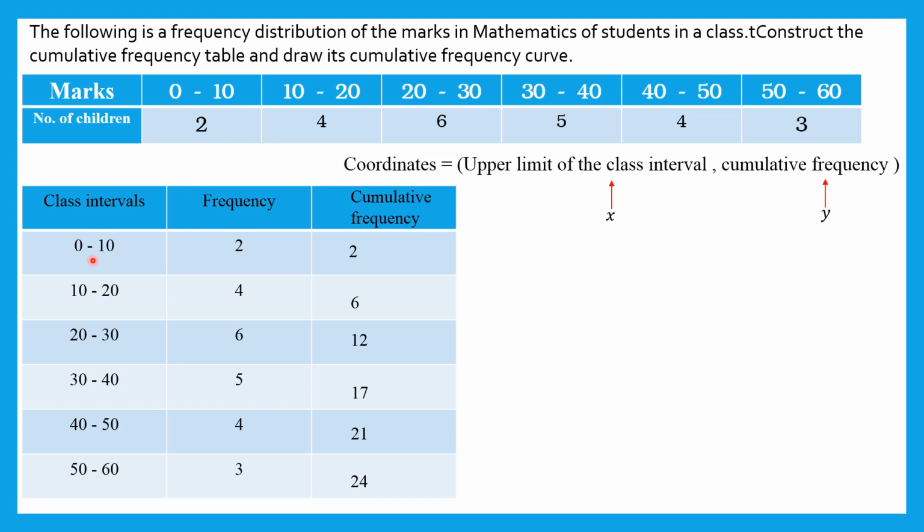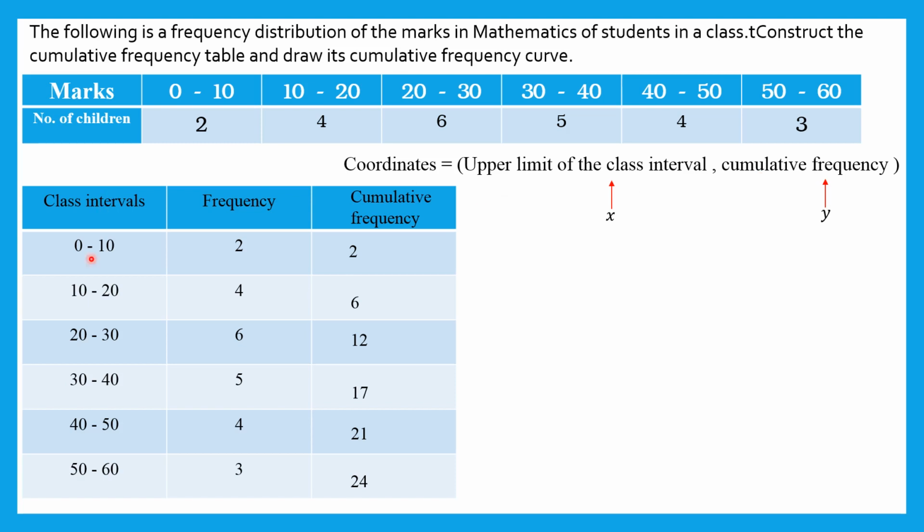What is it? In this class interval we can see this limit is the upper limit. In here also this one is the upper limit. So we have to pick the upper limit of each and every class interval as the x coordinates of our points, and then the y coordinate should be the relevant cumulative frequency.